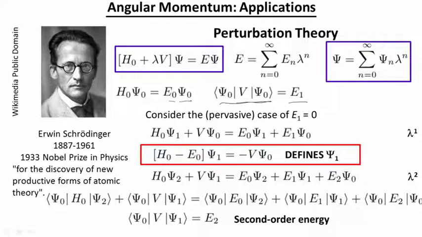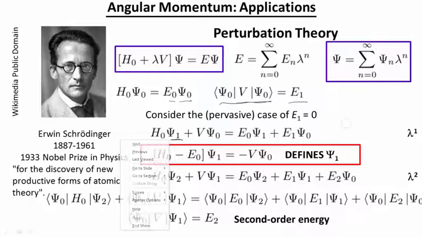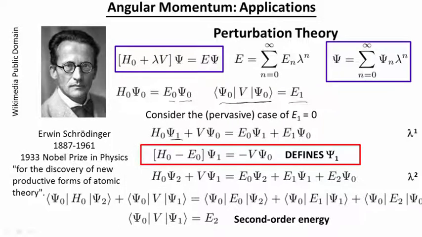Now, the next step is to get the first order wave function psi1, and that is a rather different undertaking. So here is the equation that defines the first order wave function, and I prefer to write it in this way here.